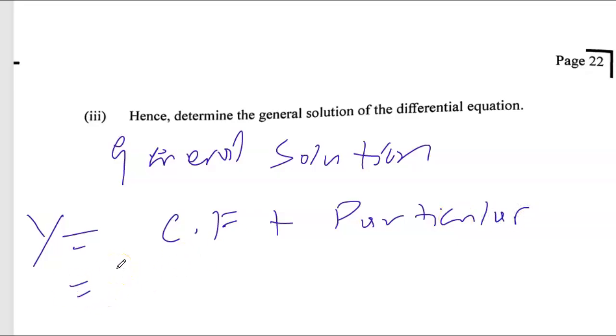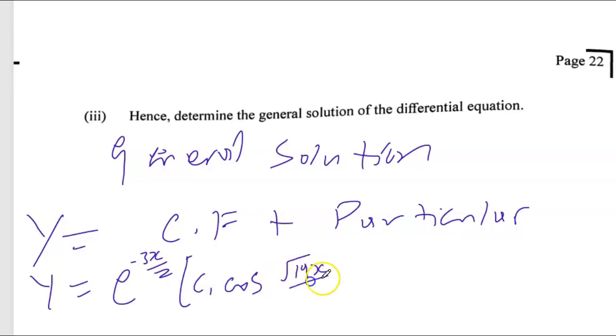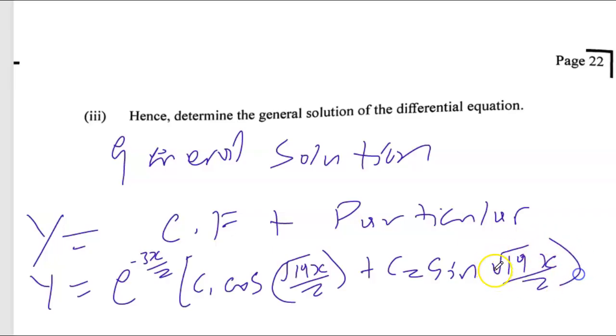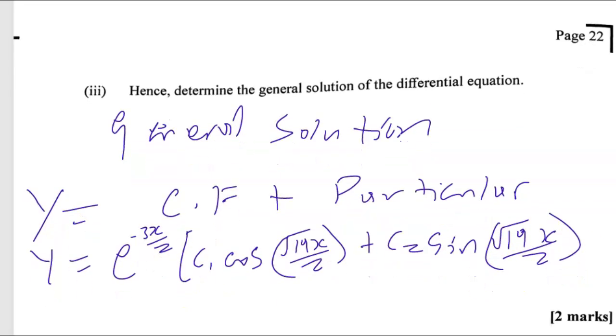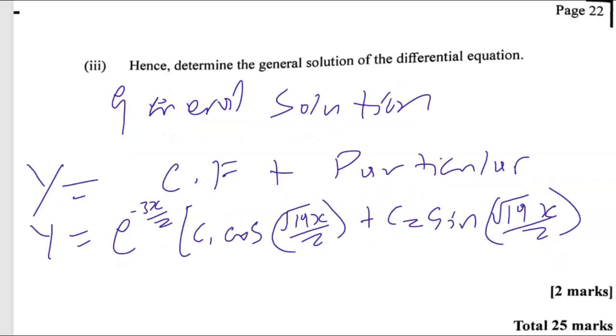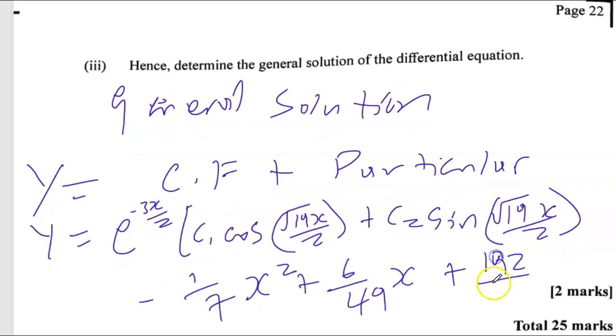And the complementary function was y equal to e to the negative 3x over 2, c1 cos of root 19x over 2, plus c2 sine, again root 19x over 2, plus our particular solution we just found. And that's it. And that's our paper.